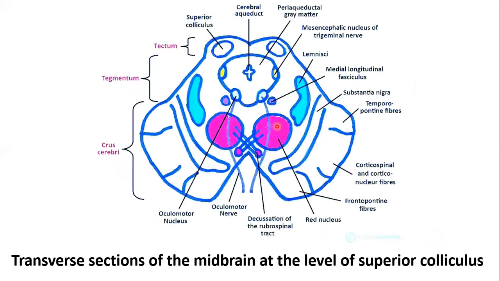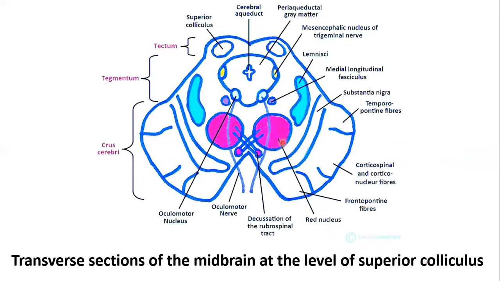It contains a very important structure other than the structures discussed previously. This is the red nucleus. Often somebody asks you, what is the transverse section of the midbrain at the level of the red nucleus? So do remember, it is present at the rostral level, the upper level of the midbrain, which is the superior colliculus, right?